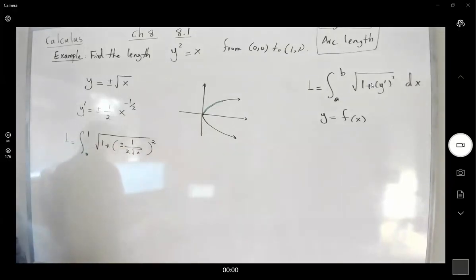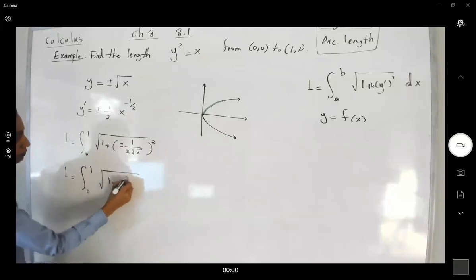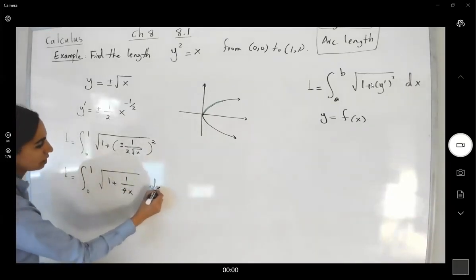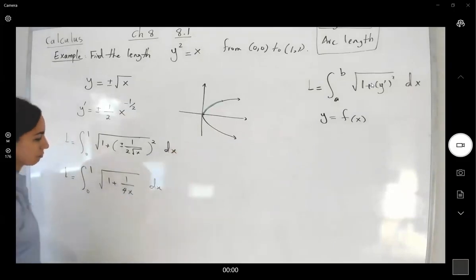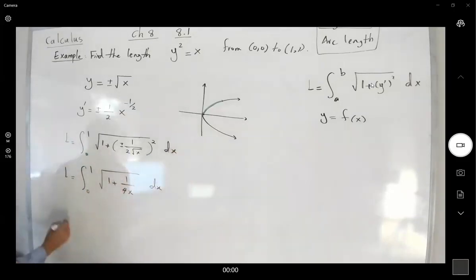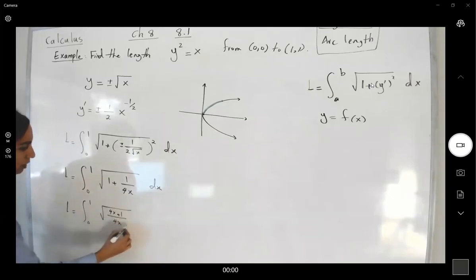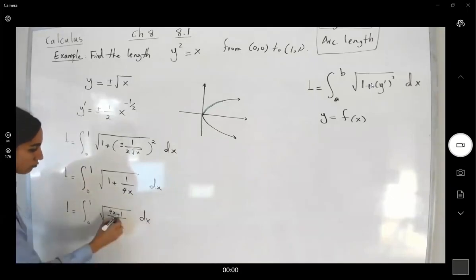Okay. So here L is equal to the integral from 0 to 1 of the square root of 1 plus 1 over 4x dx, or L is equal to the integral from 0 to 1 of the square root of (4x plus 1) divided by 4x dx.